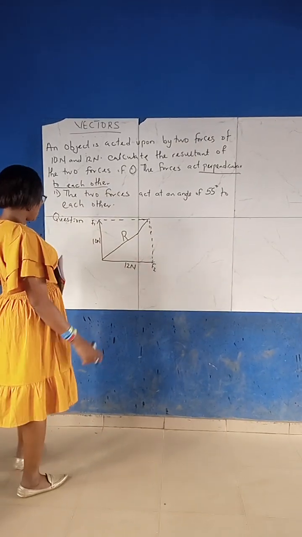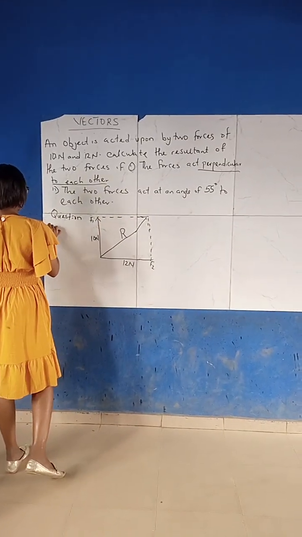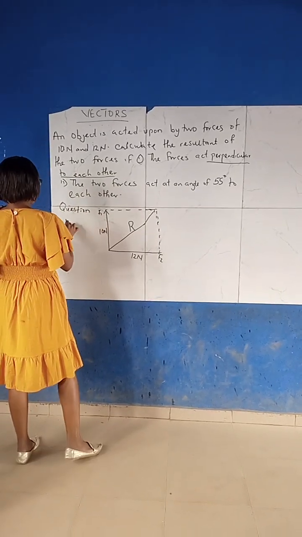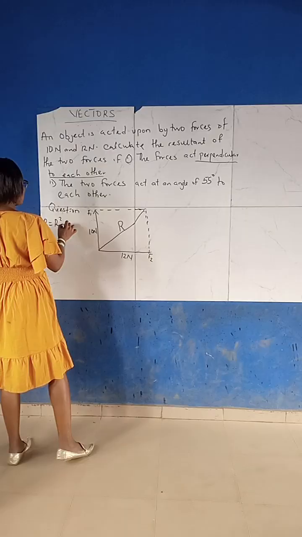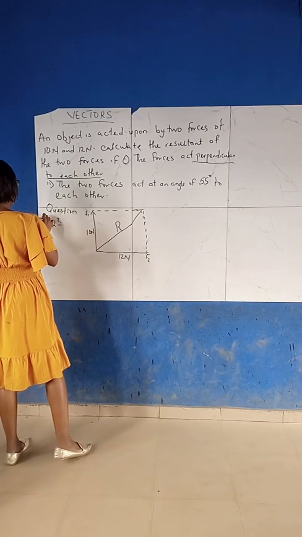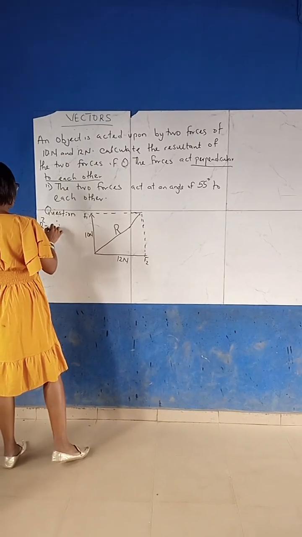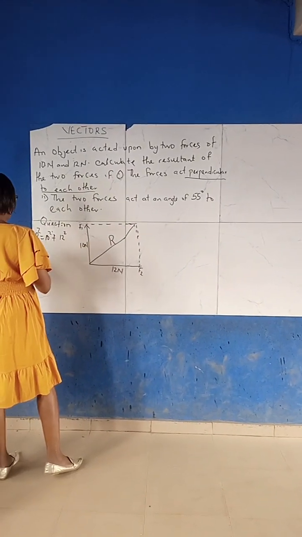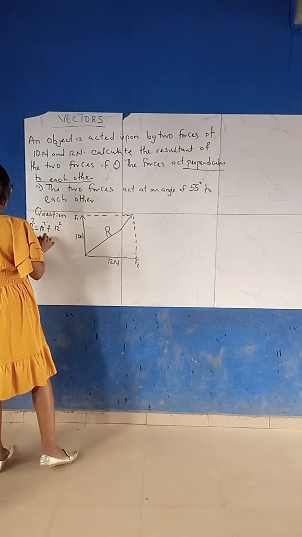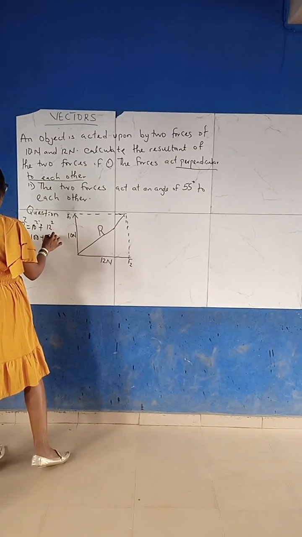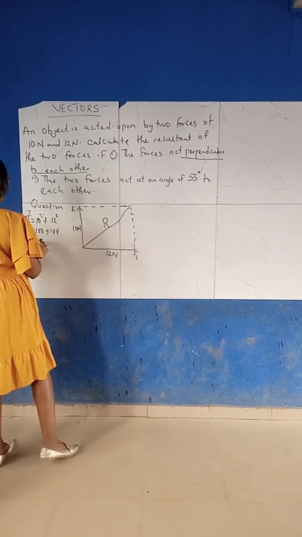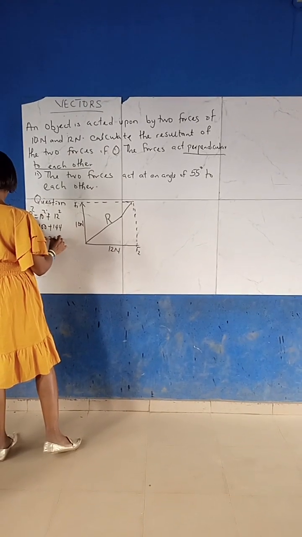Now to get my resultant R, I'm going to use Pythagoras theorem, which says R squared equals 10 squared plus 12 squared. So R squared is equal to 100 plus 144, and this is going to give me 244.